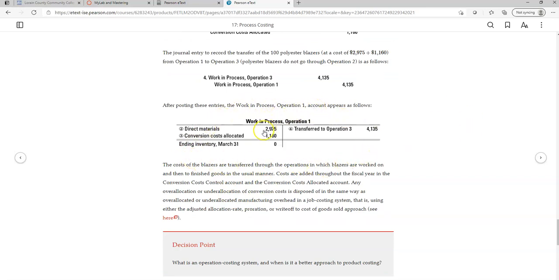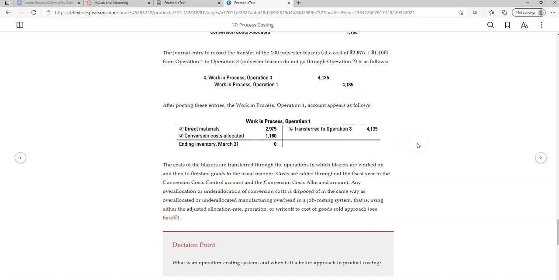So how do we do the work in process for operation 1? Well, we're going to incur the direct materials. We're going to have conversion costs that are allocated, and then we're going to transfer those costs to the next department. And once we transfer all those costs to the next department, then we will have no ending inventory until we get another order, another job, and let's say some of those jobs are not completed, then we would have ending inventory.